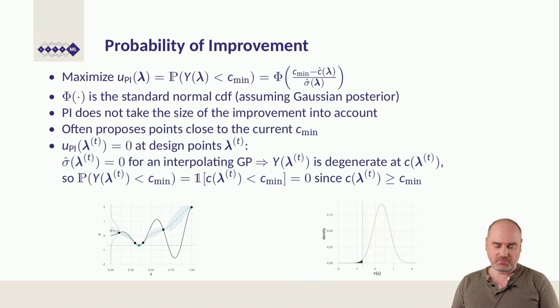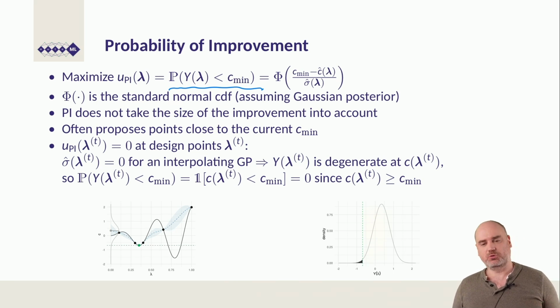The second type of acquisition function is called the probability of improvement. Now this maybe makes stochastically a little bit more sense. So how are we forming that? Let's say we are at some configuration lambda, and y of lambda is the random variable that encodes the distribution of the cost value at configuration lambda.